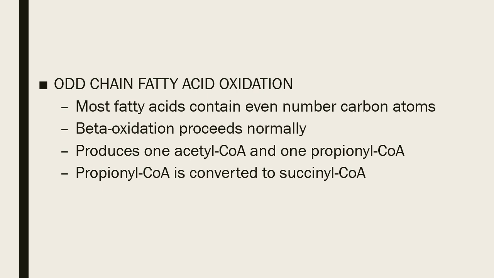Okay, and so the beta oxidation proceeds normally to produce one acetyl coenzyme A and one propionyl coenzyme A, and then this propionyl coenzyme A is converted into succinyl coenzyme A. And note that succinyl coenzyme A is a citric acid cycle intermediate.